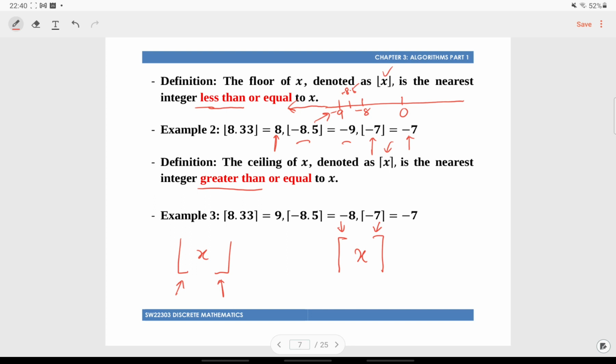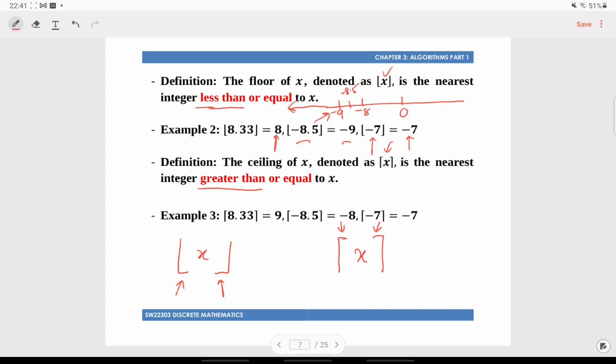For example, the ceiling of 8.33 is equal to 9, because 9 is the nearest integer that is greater than 8.33. For negative 8.5, the nearest integer that is greater than negative 8.5 is negative 8, not negative 9, because negative 8 is greater than negative 8.5 while negative 9 is less than negative 8.5.